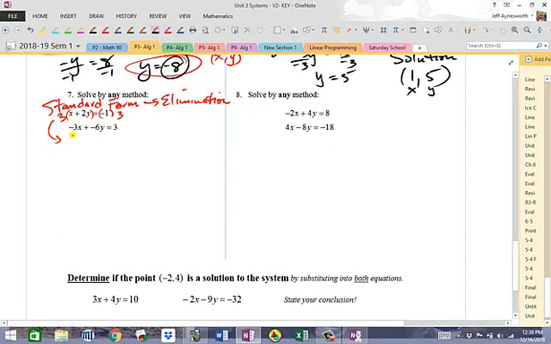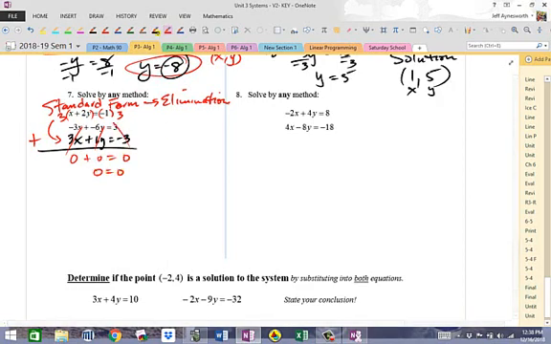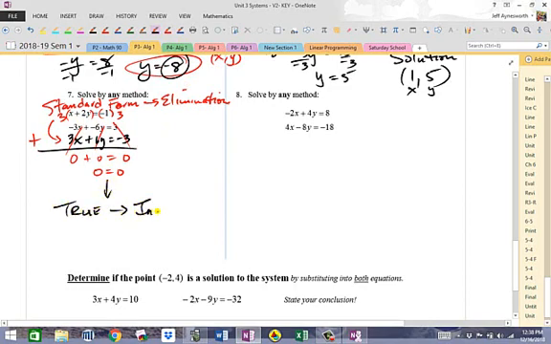So we get 3x here. The reason why I did that is because the opposite of -3 is +3. So you just go ahead and multiply by whatever it takes to create an opposite. 3 times 2y is 6y, and 3 times -1 is -3. And when you combine or add equations, these are 0, these are 0, and guess what? That's 0 too. So I end up with 0 equals 0, which means that I have an infinite number of solutions.